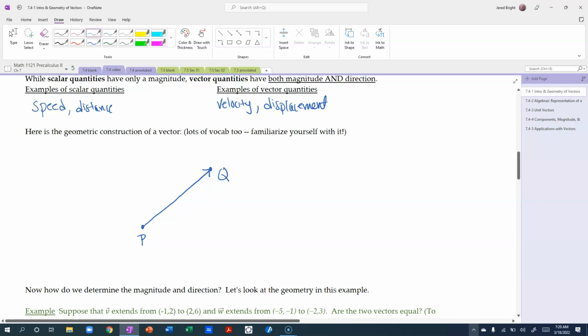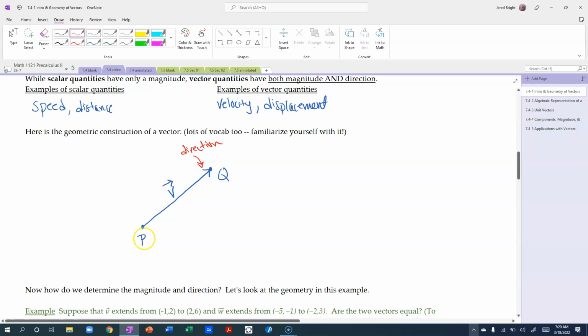And so we would give this vector a label, and we would represent it typically by a lowercase English letter with an arrow above it. The arrow typically indicates the direction. Also this arrow on the line segment here indicates direction, but we're actually going to measure direction in a slightly different way.